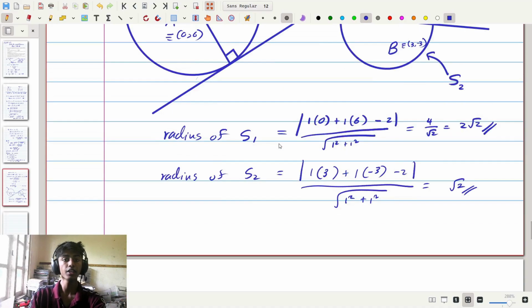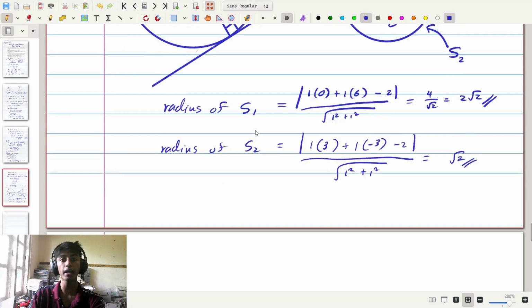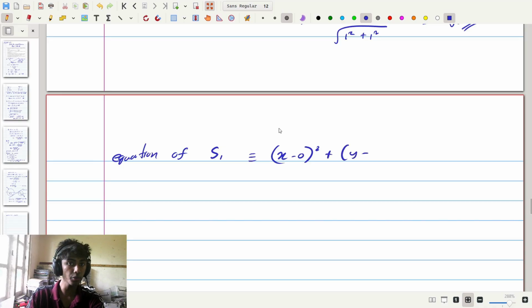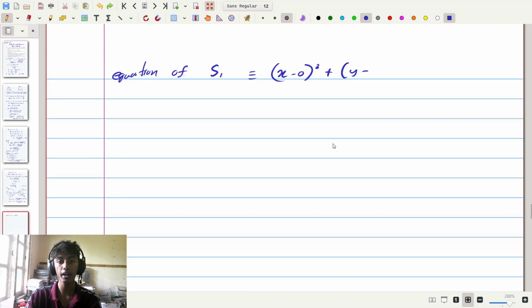Now given this, since we already know the centers, which are A and B, we can directly say the equation of circle S1 is going to be given by x minus x0, which is x minus 0 squared, plus y minus y0, which in this case is y minus 6 squared, equals the radius squared, which is 2 root 2 whole thing squared.